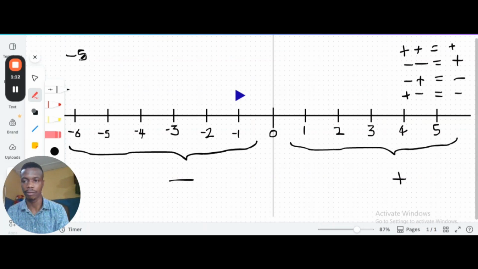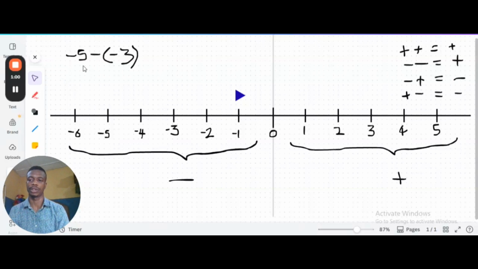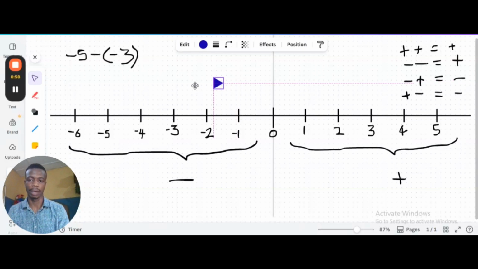Minus 5 minus 3. Minus 5 minus 3. We start at minus 5. This is minus 5 right here. Minus. You have to face the negative direction. This is the negative direction right here.